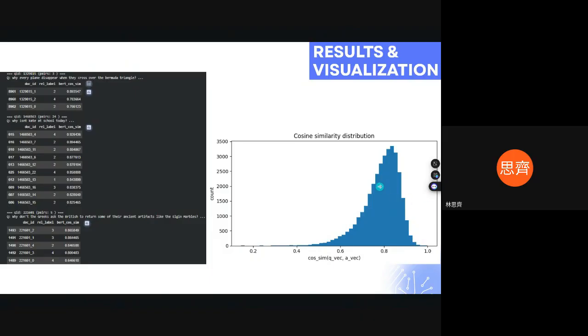On the right, the histogram shows the cosine similarity distribution over all question-answer pairs in the dataset. Most pairs have relatively high cosine similarity, and the score ranges of different relevance levels overlap significantly.